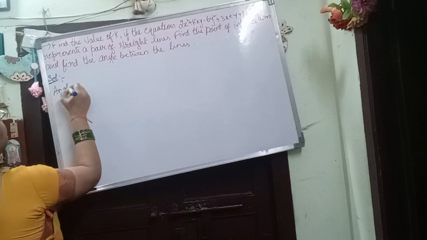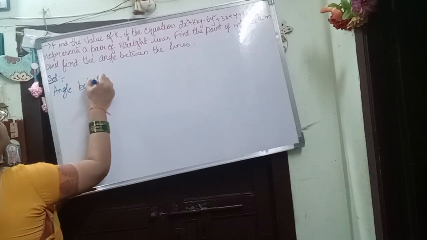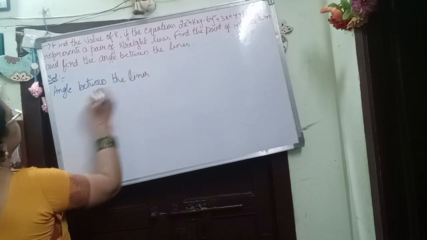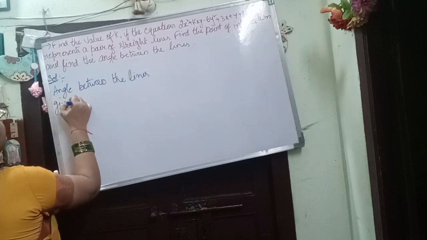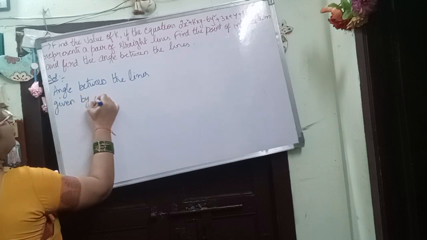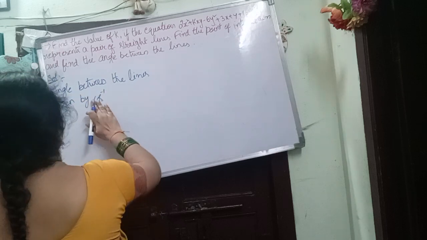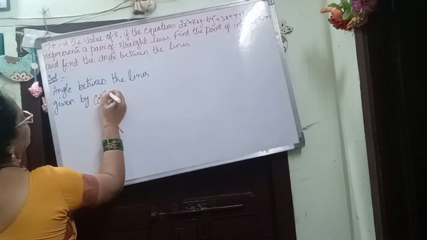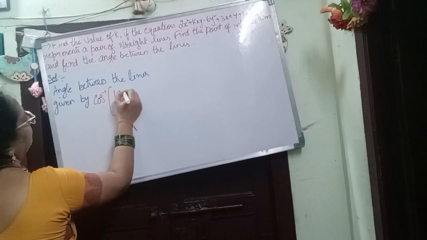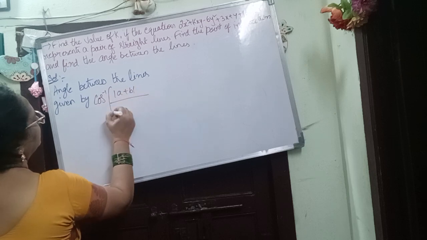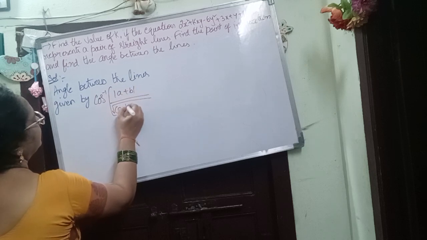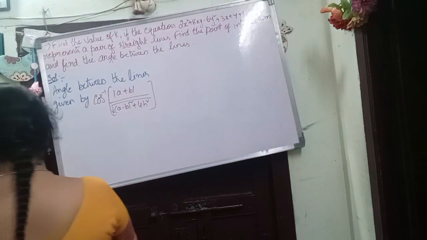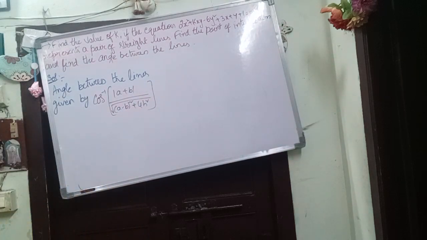Angle between the lines given by cos inverse of mod a plus b by root of a minus b whole square plus 4h square.